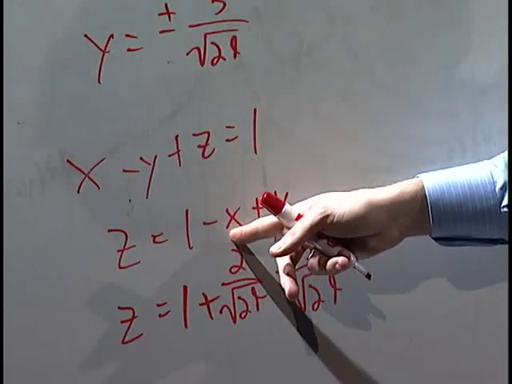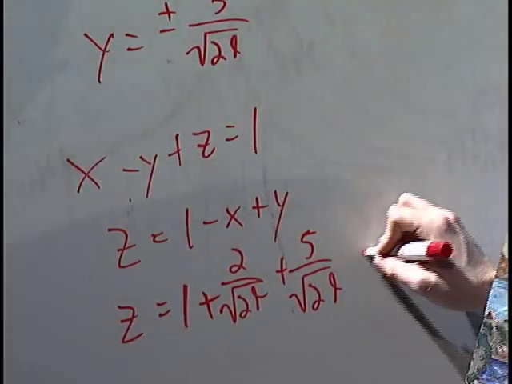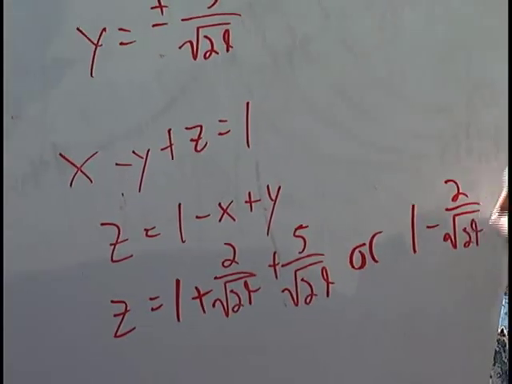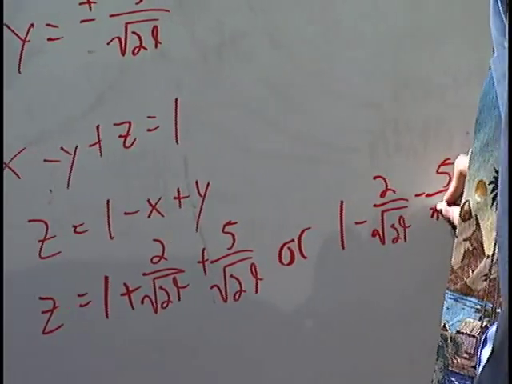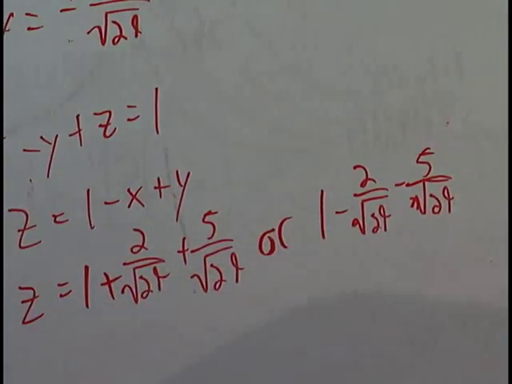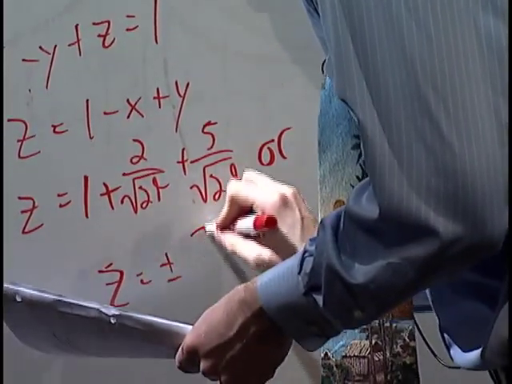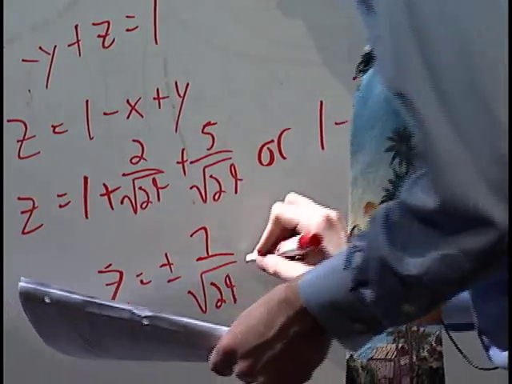So that's minus a positive plus a negative. So there's double negatives there. So it's minus that, minus that. So you can certainly do it one by one, or you can be a little bit quick about it and do it this way, right? And so the bottom line is z is equal to plus or minus 7 over root 29.